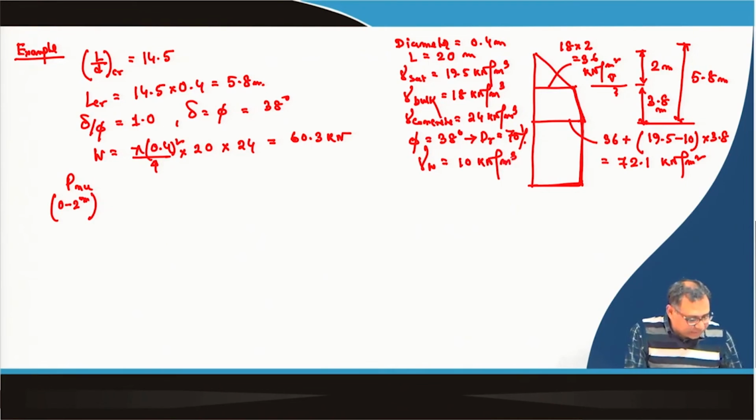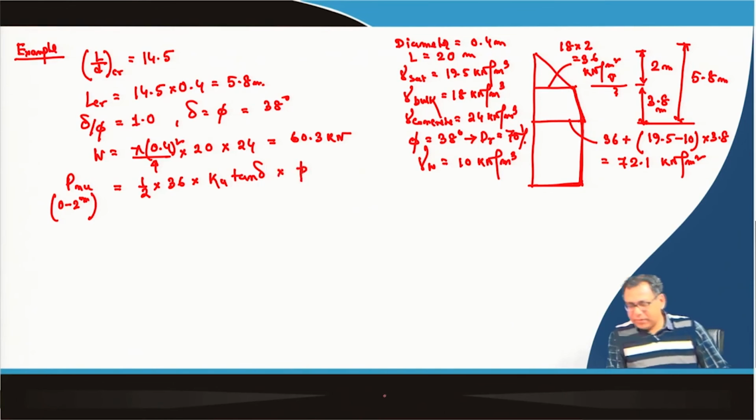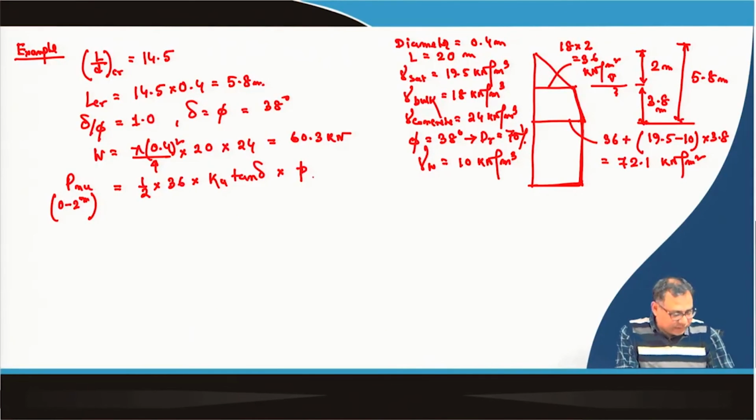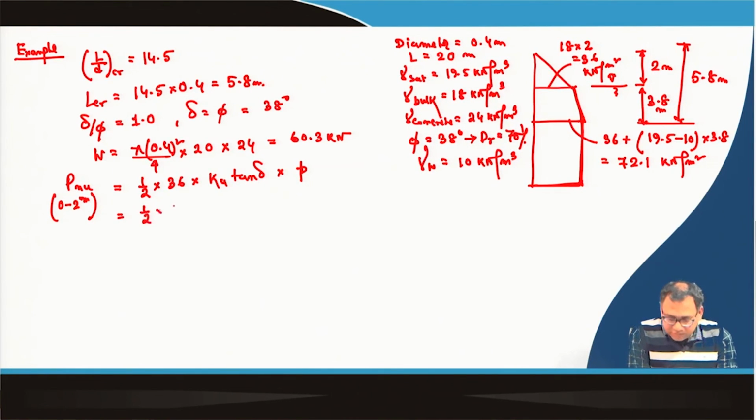So, for this particular part, this will be half into 36 into Ku into tan delta into perimeter. Half, because we have taken the average. So, it is half into 36, and Ku value is how much?